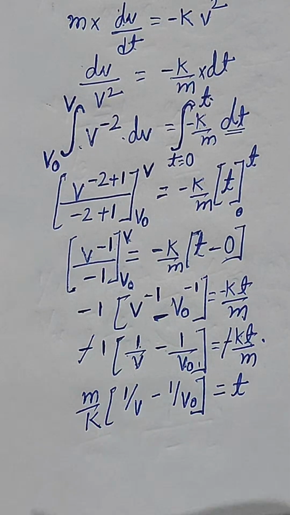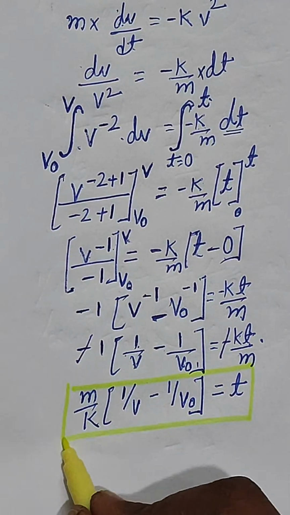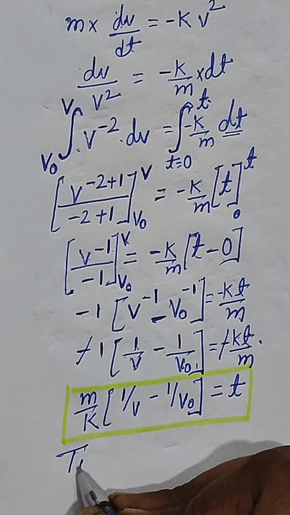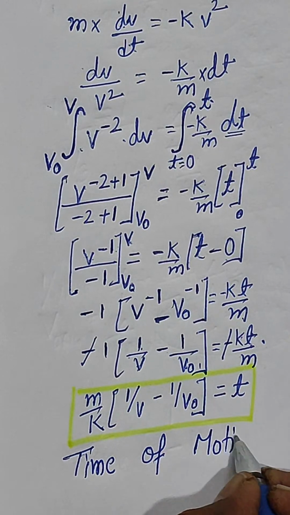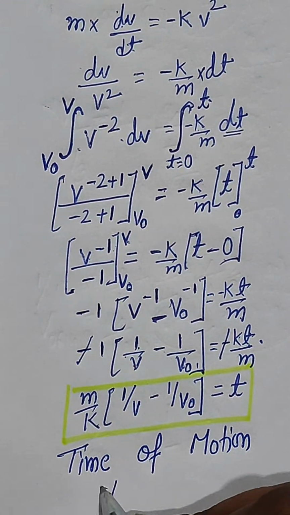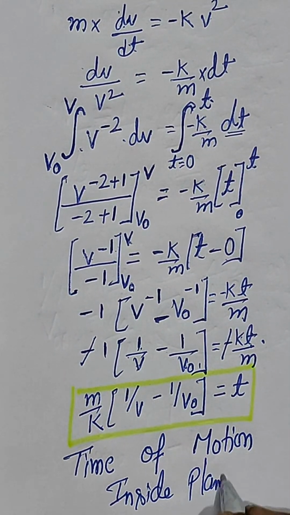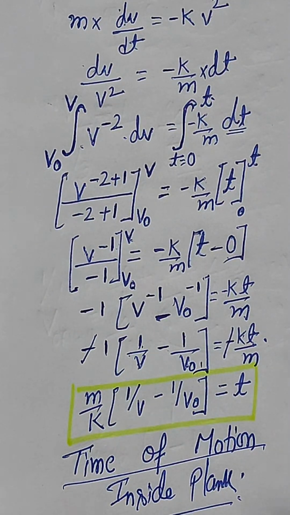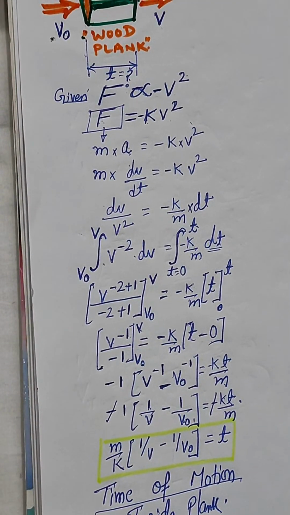This is the time of motion inside the plank. Time of motion inside the plank, right? Time of motion inside the plank is calculated, but we need to do some changes.